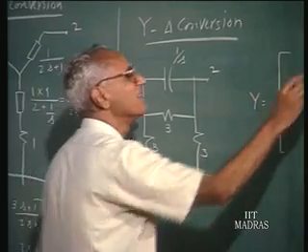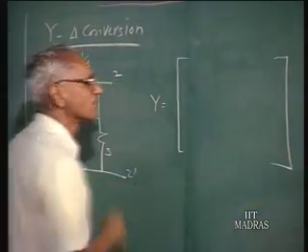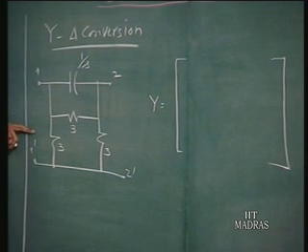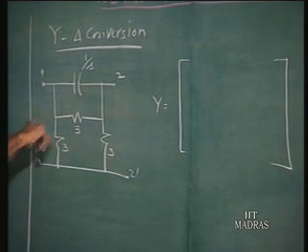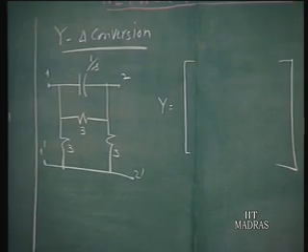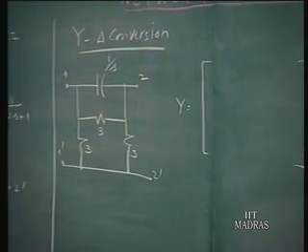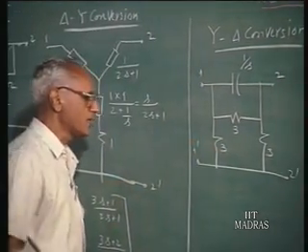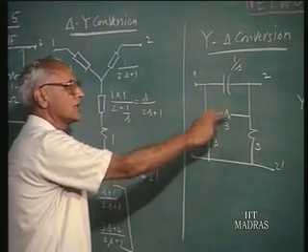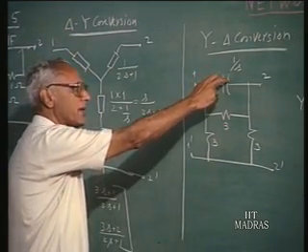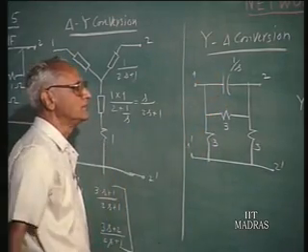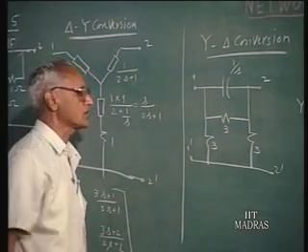This is a short circuit admittance matrix for this now. The driving point admittance at port 1 is obtained by short circuiting second port and looking at the admittance as seen from port 1. This is a 3 ohm resistor, its admittance is 1/3, the admittance of this is 1/3, and that is in parallel with a capacitor of admittance S. So all these 3 elements come in parallel because 2 prime is effectively short circuited.